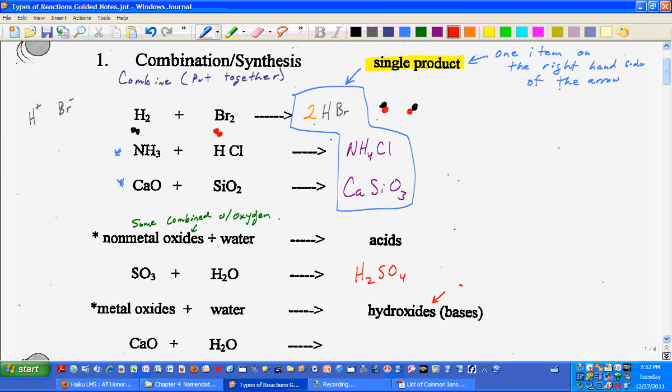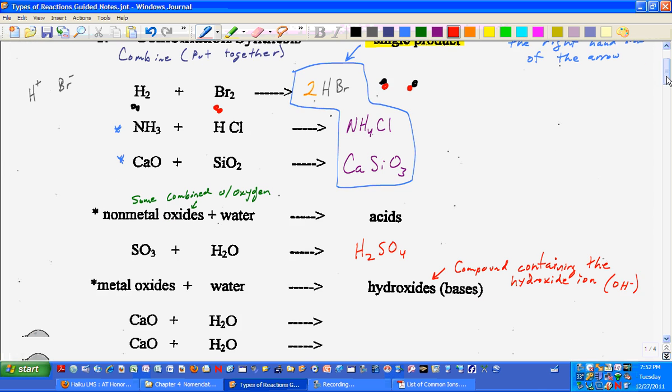Hydroxide is a compound containing the hydroxide group or hydroxide ion. That would be OH minus. So what I'm going to wind up with is calcium hydroxide as my product.